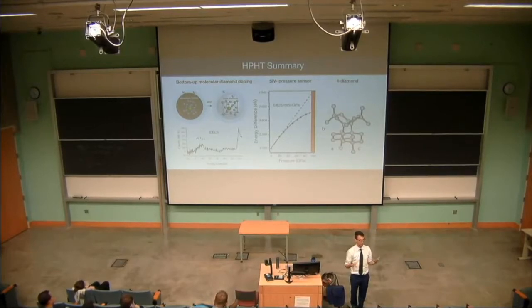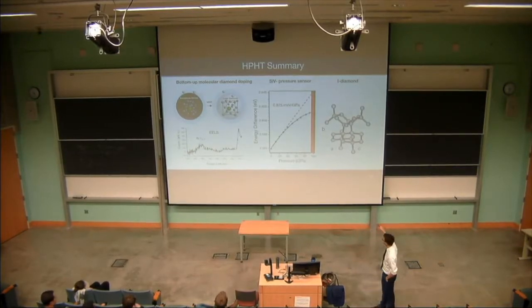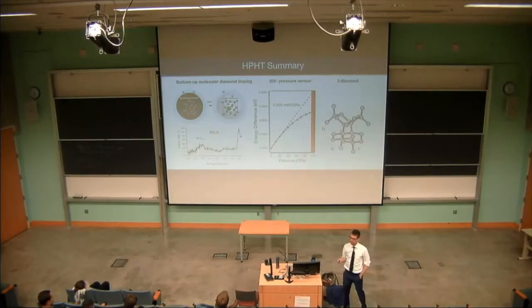And this really could be a very useful platform for developing new defects for new kinds of quantum computing or electronic applications. Similarly, this silicon vacancy sensor seems like it could be a better pressure sensor than the industry standard right now, ruby. We also did some other research that I didn't talk about here, which seems to suggest that depending on the rate of heating, you can form other phases of carbon, but this still needs a bit more verification, really.